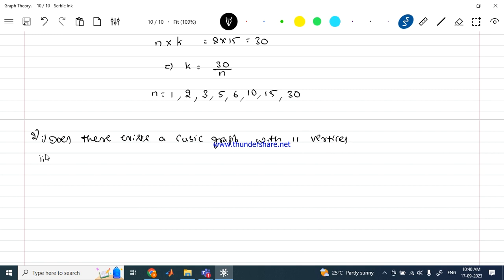And the second question is, does there exist a four regular graph with, first case, 15 edges and, second case, 10 edges?